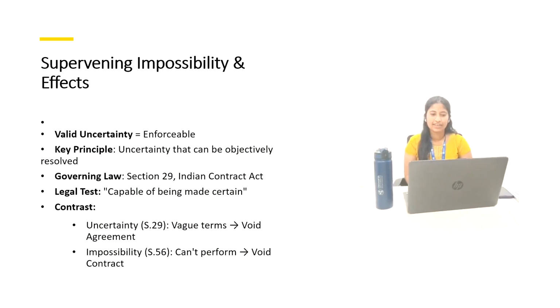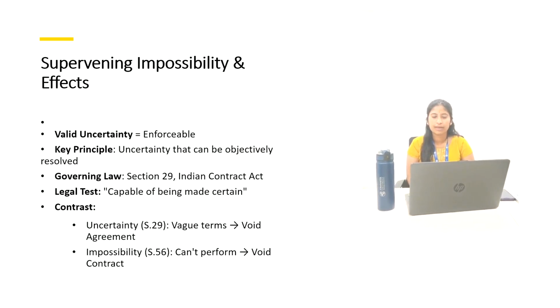Valid uncertainty, Section 29. Under Section 29 of the Indian Contract Act, agreements that are uncertain are generally void. This means if the terms of an agreement are unclear, the law will not enforce it. However, uncertainty is allowed if it can be made certain using an objective standard.